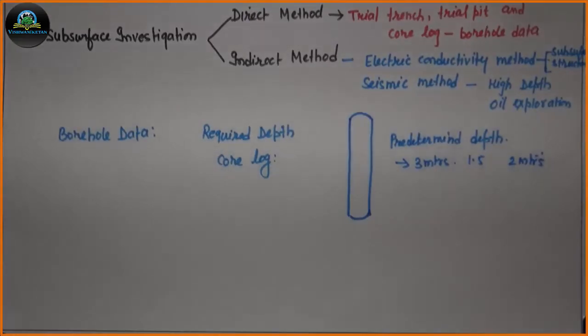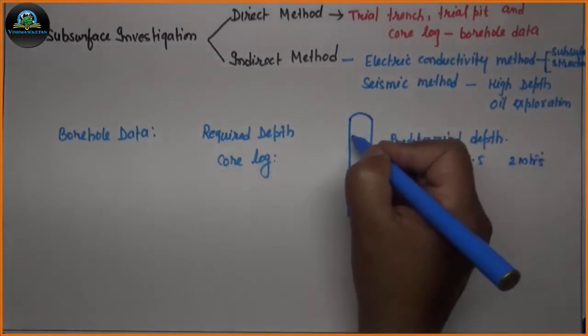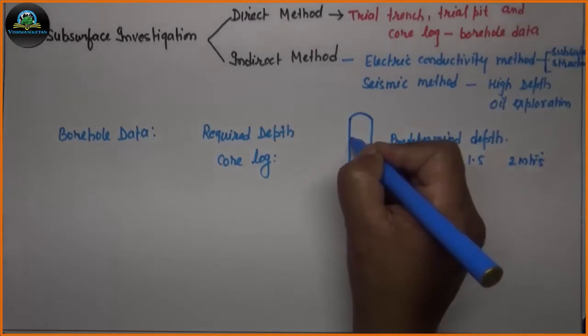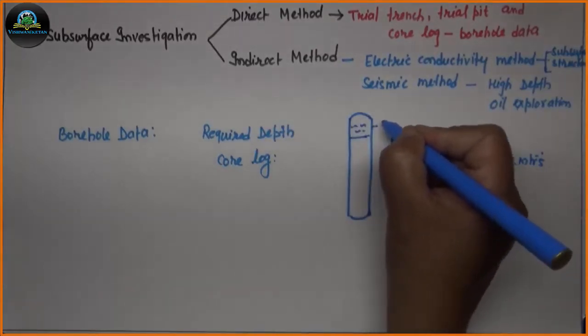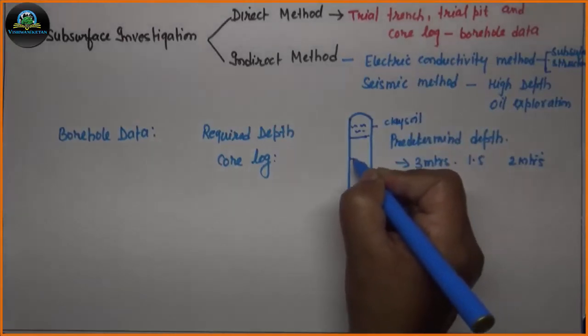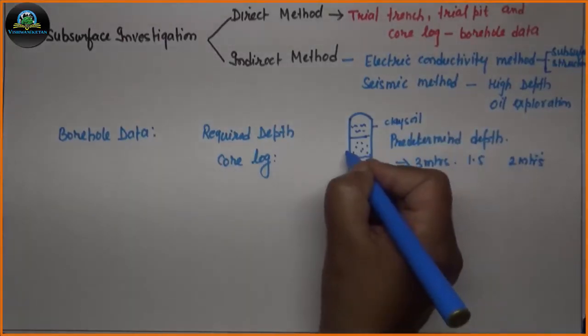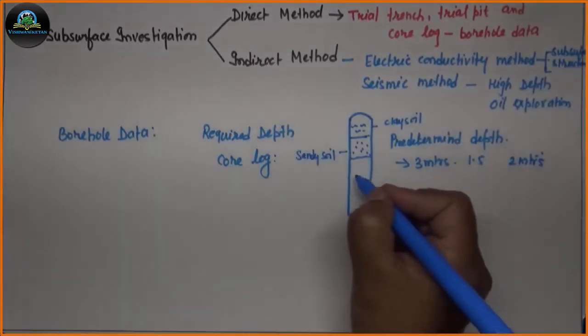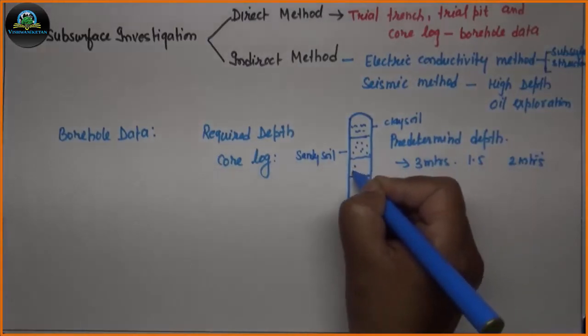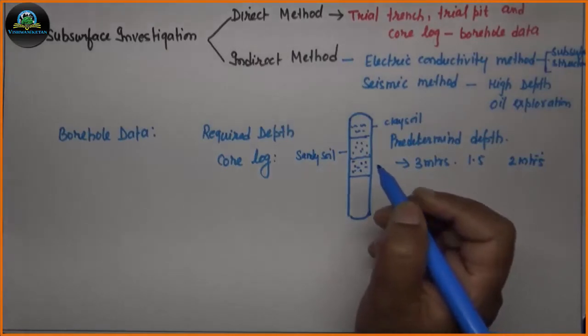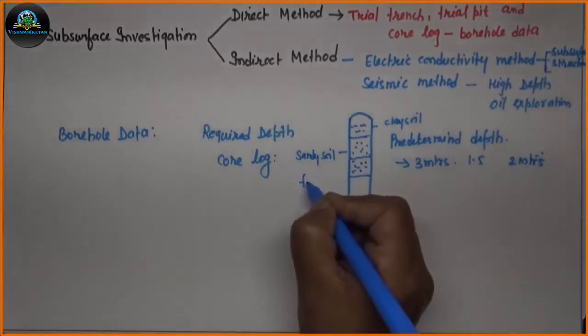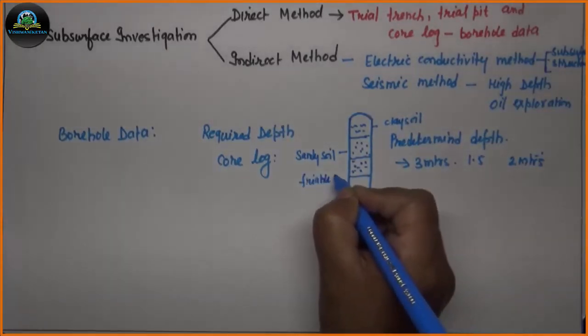So we may get a core log which looks like this. It may be clay soil, then the second portion may be sandy soil, and then a sandstone which is friable sandstone. It is not very sound, friable sandstone.